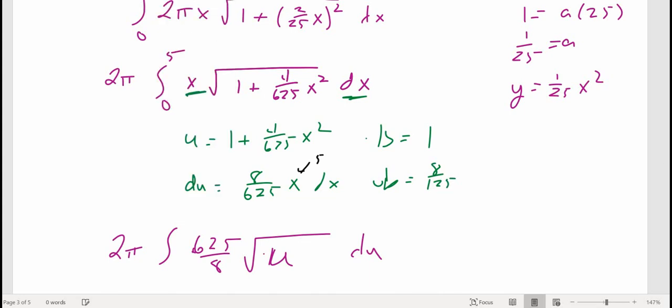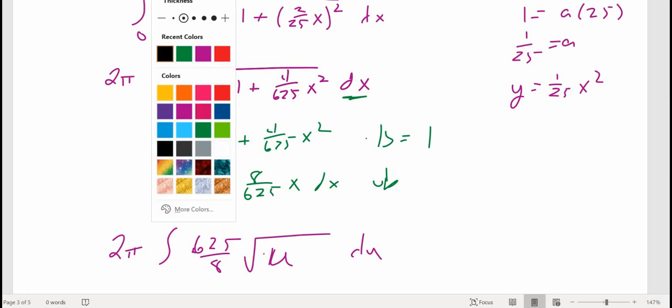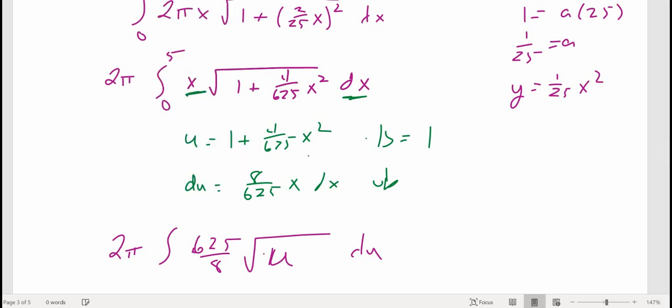I'm just substituting 5 in for x into that expression, putting 5 in for the x squared.